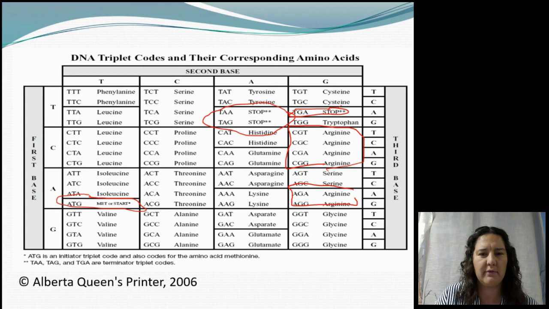And then we can have proline, those 4. And for example, leucine, there's 6 different ones here that code for leucine. So we have a lot of different DNA triplets that will end up coding for the same amino acid.